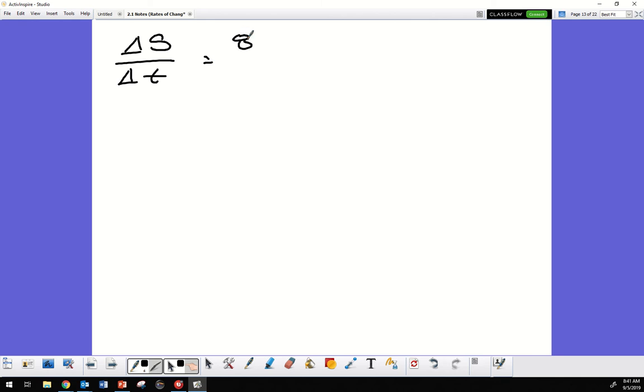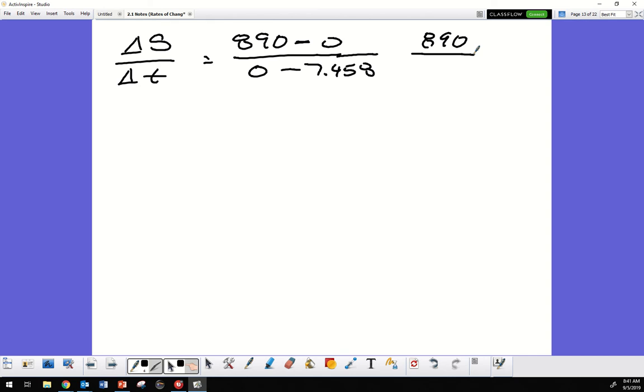So it's 890 minus, okay, what is my end height? 0, over the time, over 7 point what? 458. Okay, if I do the math, it's going to come out to be 890 over negative 7.458.